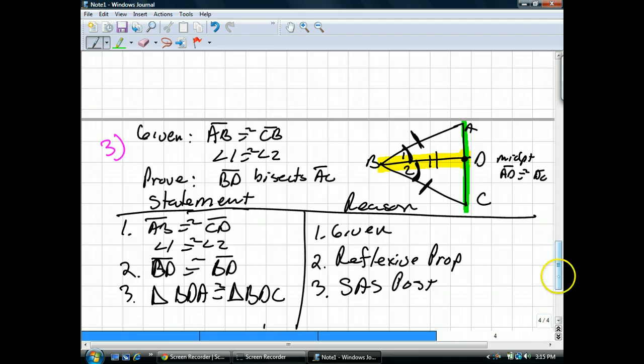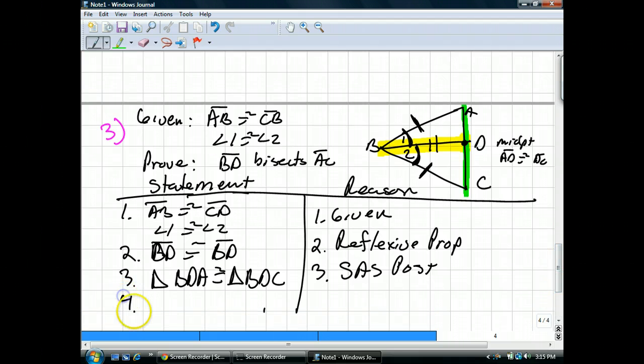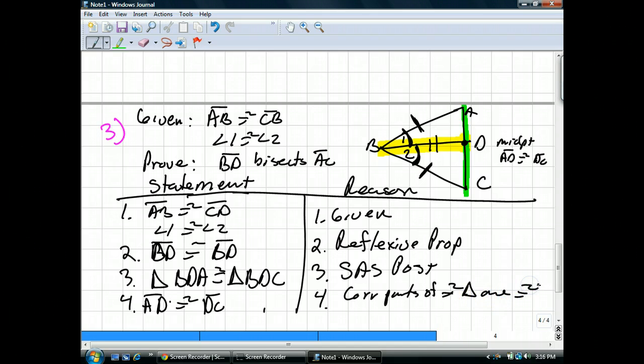Okay? Well then, if those are congruent, then it has to be true that segment AD is congruent to segment DC. And that is because of corresponding parts of congruent triangles are congruent. So now I've accomplished this much.